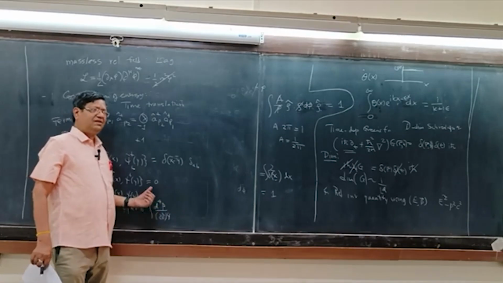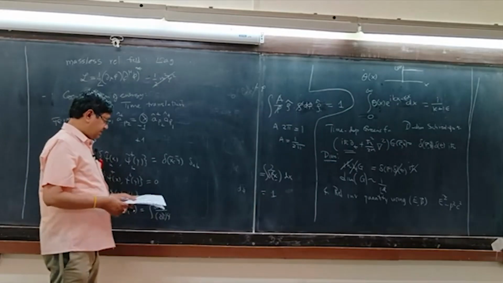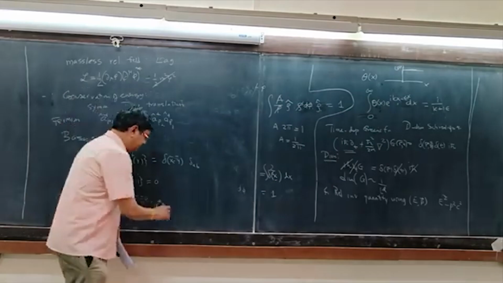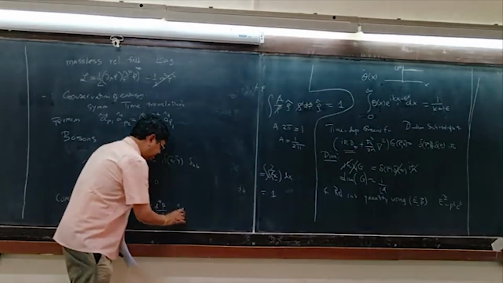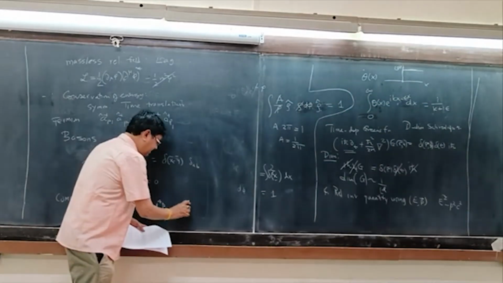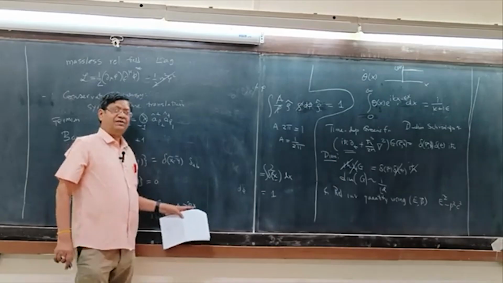Some people wrote only cubic, that's also okay. For non-relativistic this is cube. But you need to write the time part. So the time part is important. So a_p e to the power minus i p dot x.